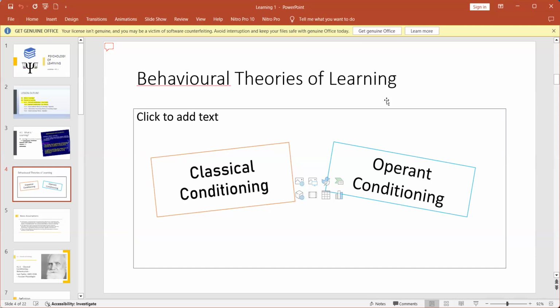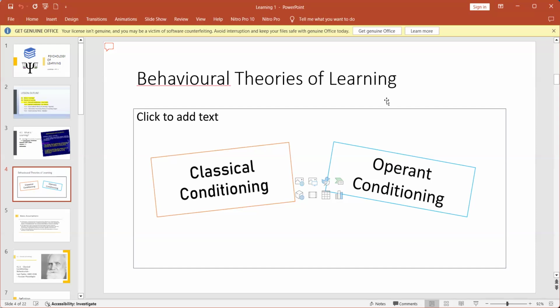For behaviorism, learning is habit formation. You repeatedly do something and form habits. So these are termed as simple learning, because it is learning through repetition and forming habits. That is what behavioral learning theories looked at.